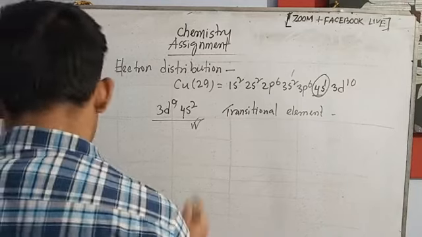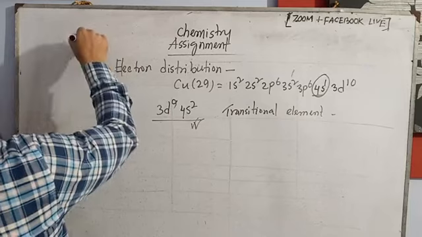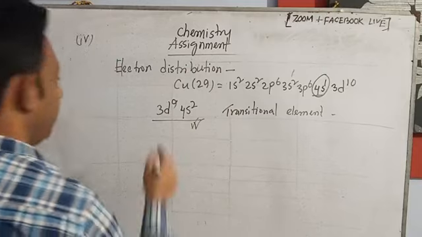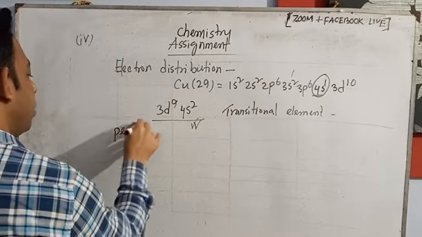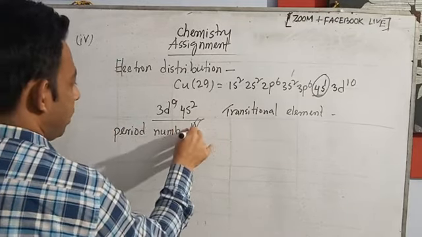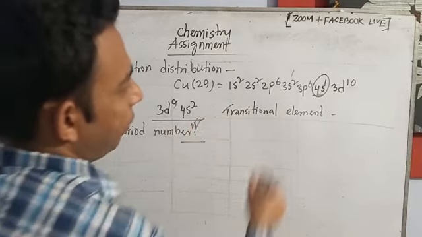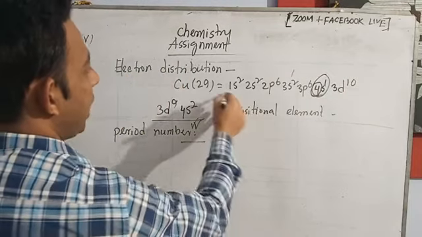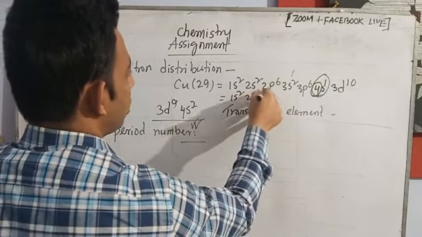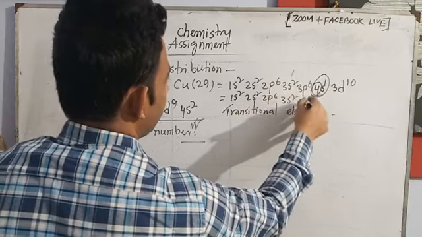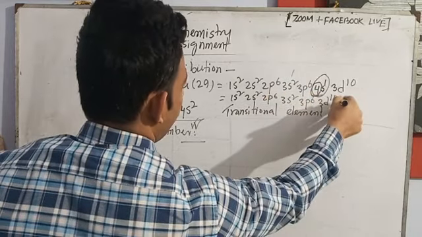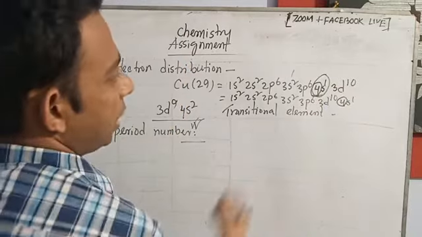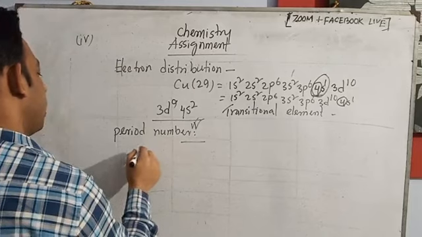And finally the number 4: the period number. How do we find the period number? You will write something about it. We know that the last shell, the last electron, if we arrange the electron distribution, 1s2, 2s2, 2p6, 3s2, 3p6, 3d10, 4s1, the last shell number is the period number.